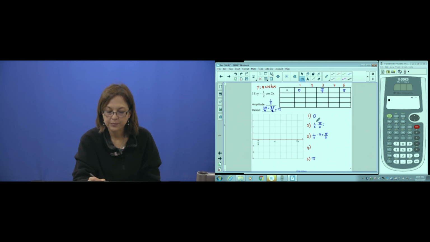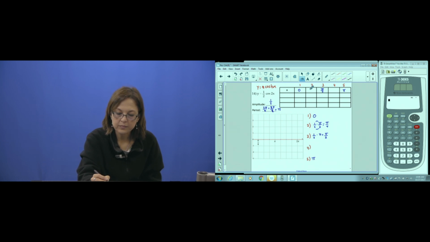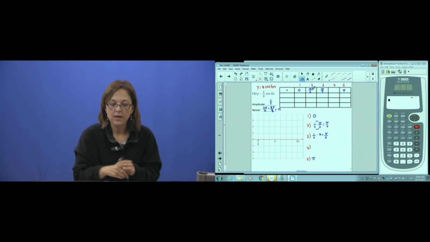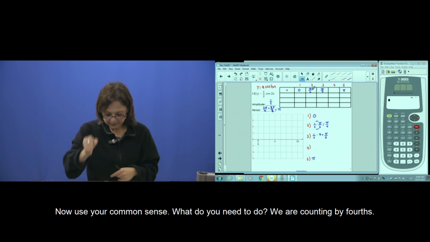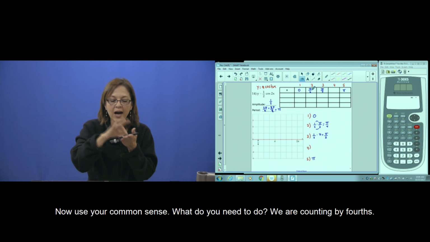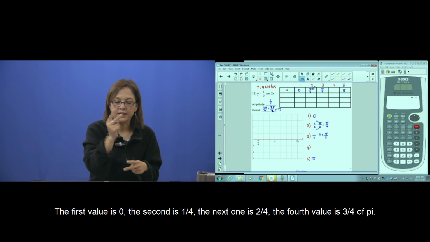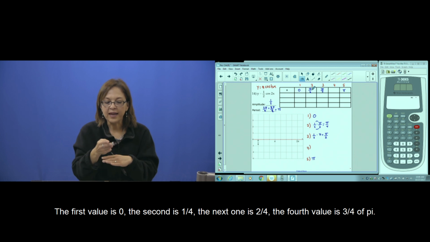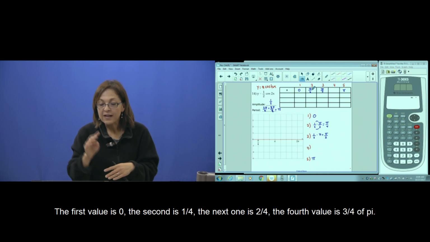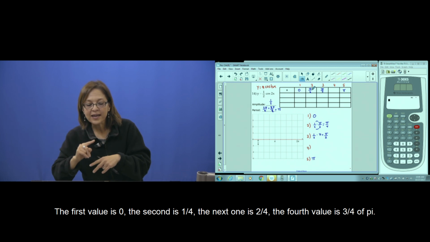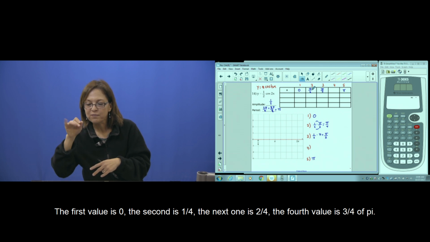Multiply. Now use your common sense. What to do? We are counting by fourths. The first value is 0. The second 1/4. The next 2/4. The fourth value is 3/4 of pi.